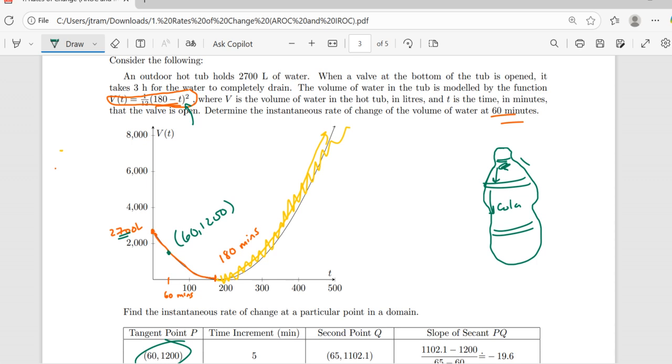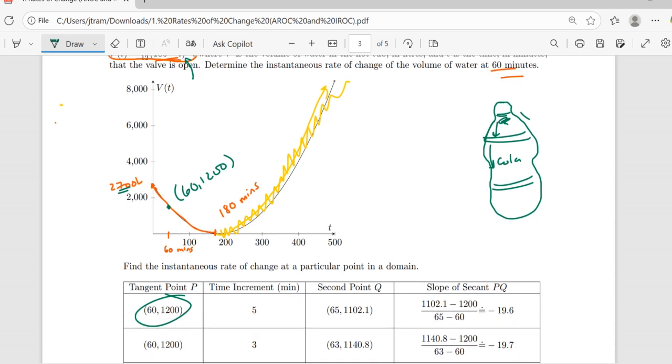Now, at 60 minutes, with a time increment of 5, this simply means between 60 and 65 minutes, so a dot right there, let's say that's 65. At 65 minutes there's this much left, at 60 minutes there's 1200 liters left.